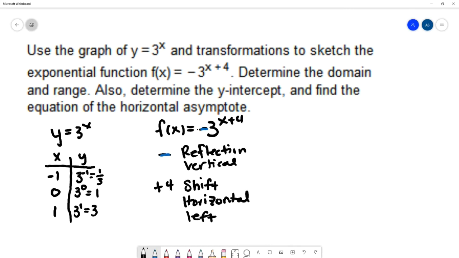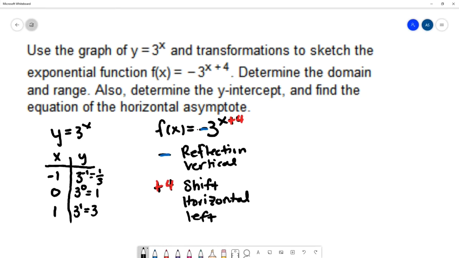If that plus 4 was out here, outside the base function, that would be a vertical shift instead, and the plus would shift up. But because it was inside the exponent, it's a horizontal shift to the left.